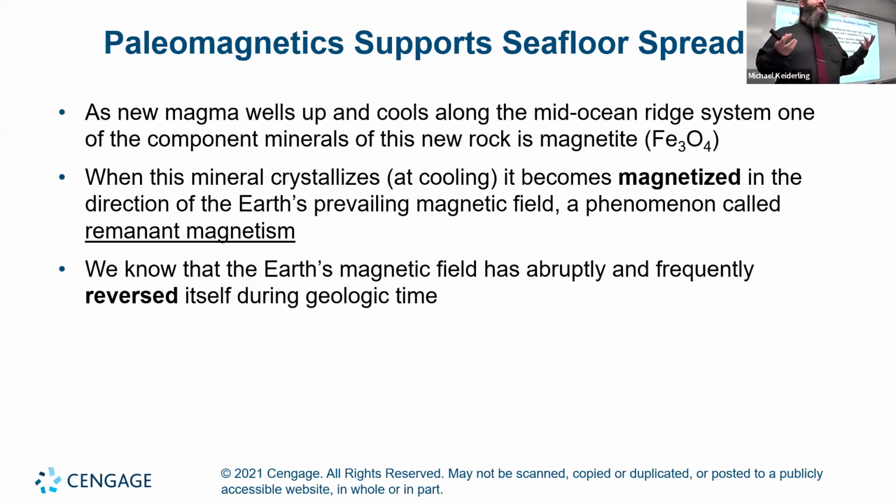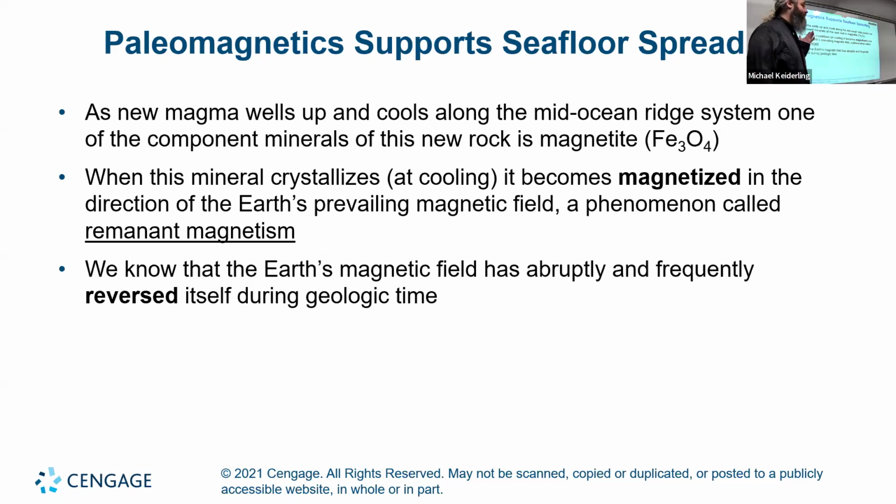As new magma wells up and cools, it's magnetized by the Earth's magnetic field. And the Earth's magnetic field gets locked in place, and that's recorded in the rock. Part of the rock is magnetic, it's got iron in it. And when it crystallizes and is cooling, it becomes magnetized by the Earth's magnetic field. This is called remnant magnetism.